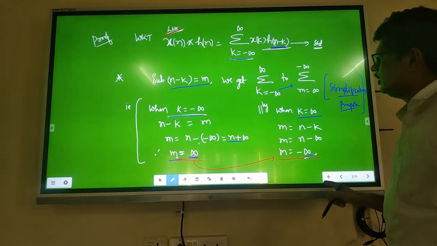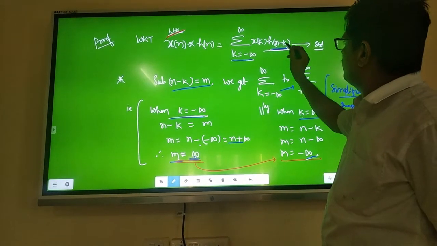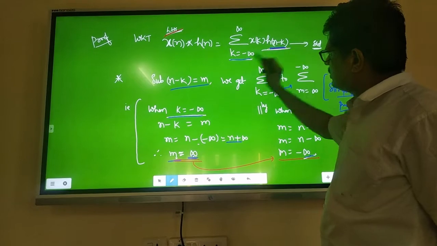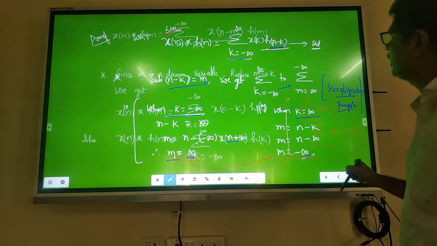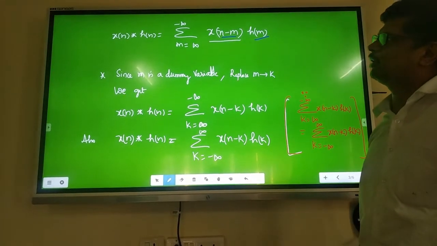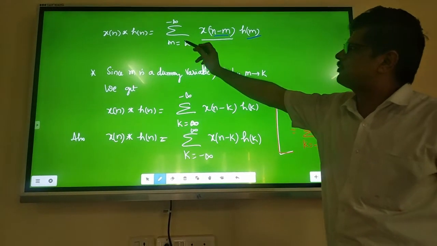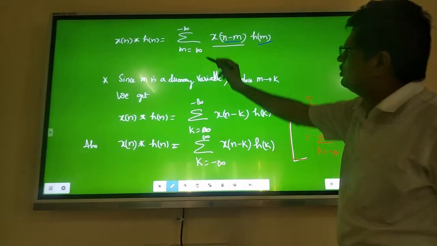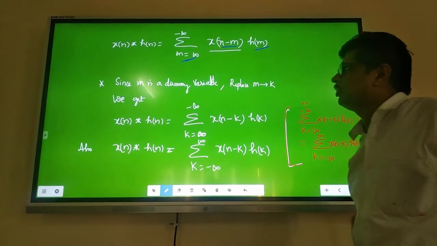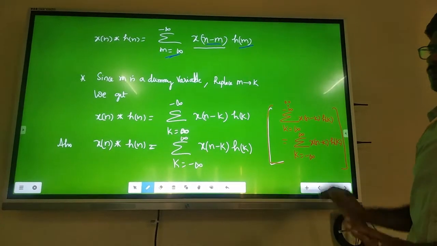Then in the second term, h of n minus k, n minus k is substituted as m, therefore you get h of m. The limits change from k to m, the new limits. Now it is of the form.